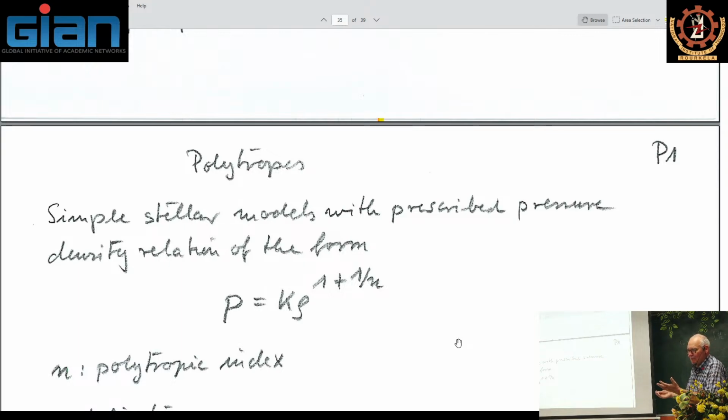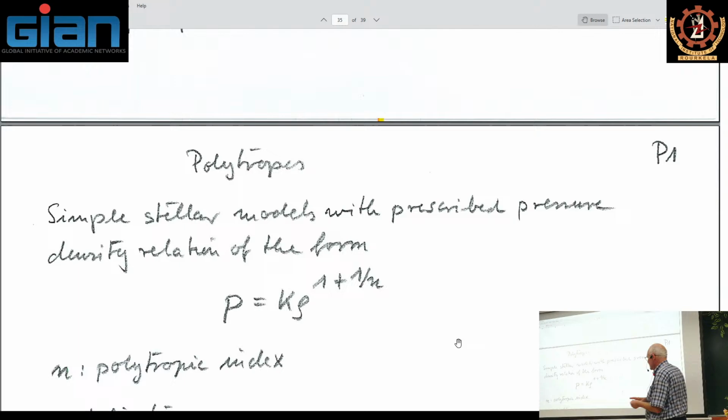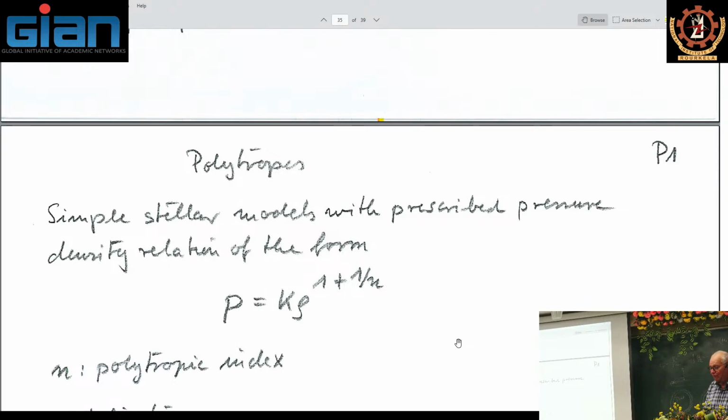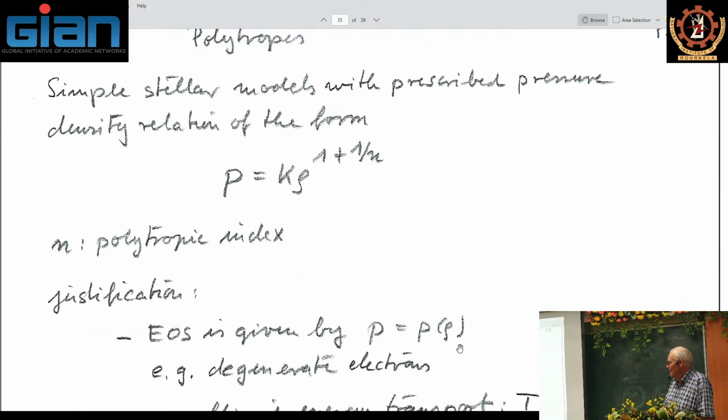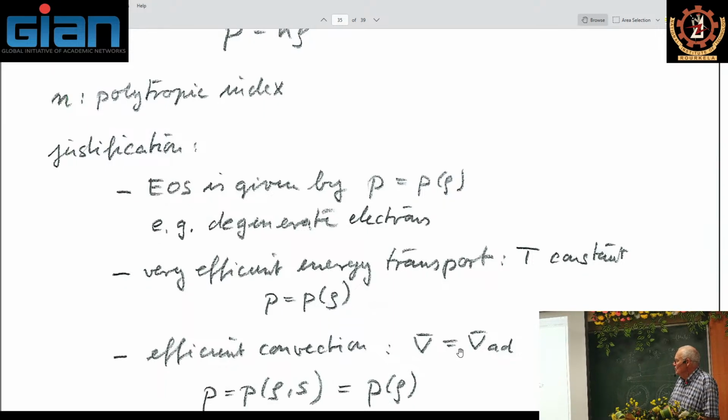You will get rid of that, because once we assume that pressure and density are related, we decouple the thermal equation from the mechanical equations, and we, so to say, close the system of the mechanical equations by assuming this polytropic relation. So far it's just a formal relation, and the question is, when is this relation justified?